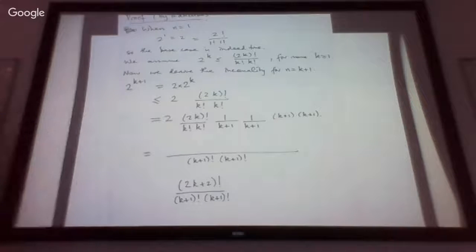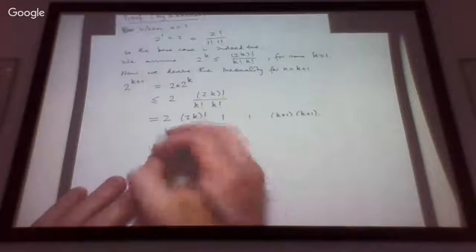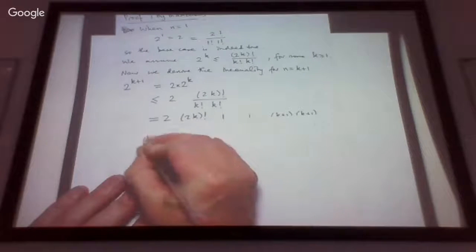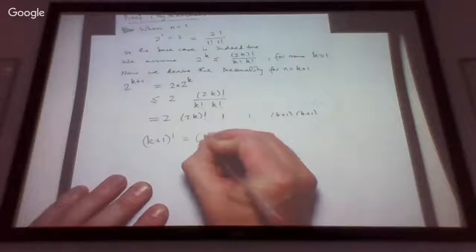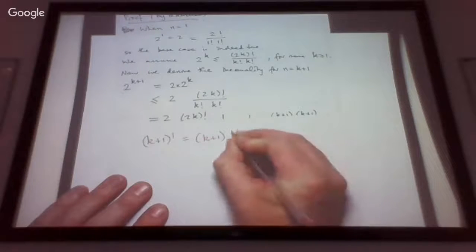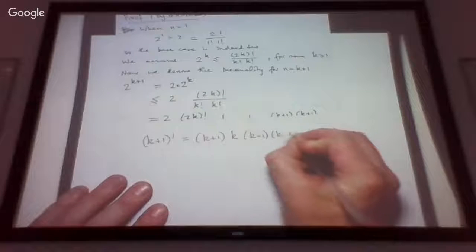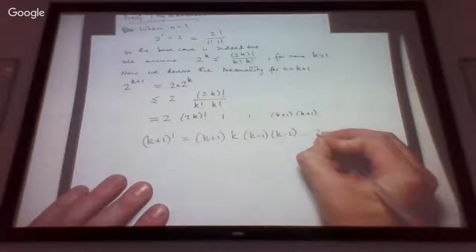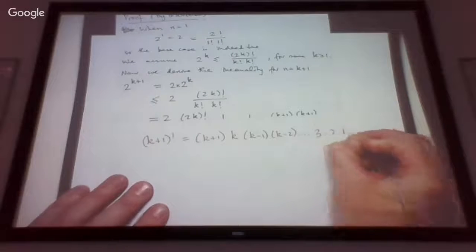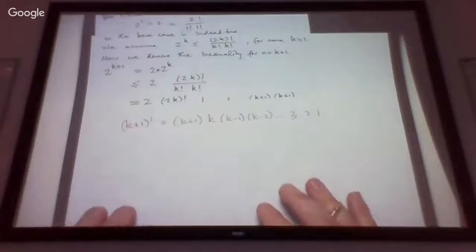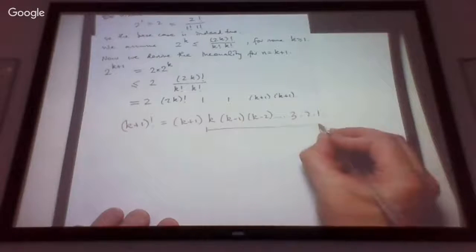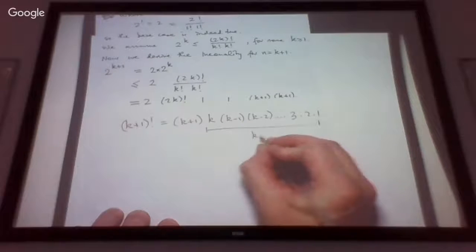What happened for k instead? Well, remember, we need to be clear on what the factorials are. What is k plus 1 factorial? It's k plus 1 multiplied by k, multiplied by k minus 1, all the way down to 3, 2, 1. But of course here, you've got exactly k factorial.